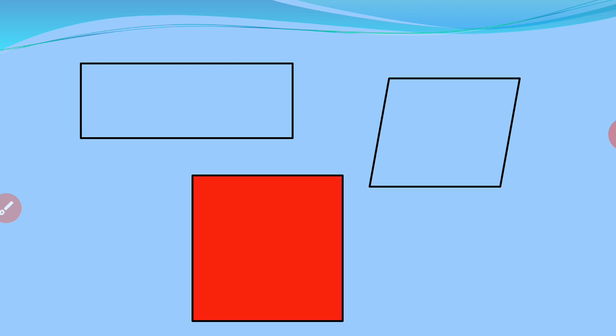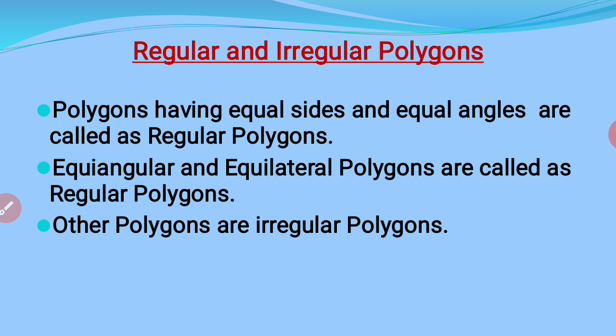More figures. So, we have seen this specially colored one. There is a speciality in the colored one, whereas the others have some other characteristics. The topic is regular and irregular polygons. Now we come upon the first one. Polygons having equal sides and equal angles are called regular polygons.